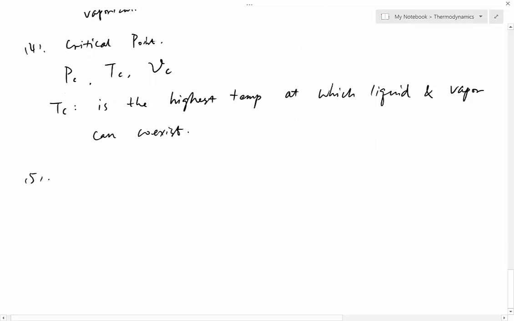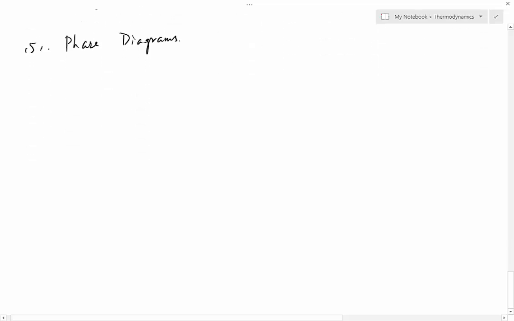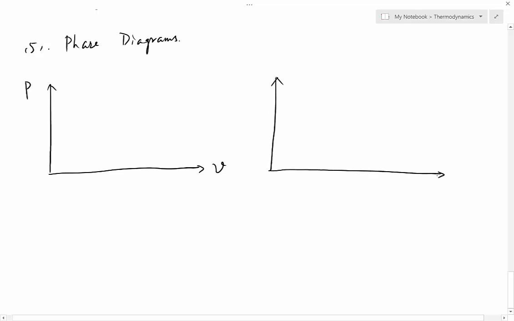Okay, and then the next one, phase diagrams. The two diagrams which we introduced today are still the P versus nu diagram, the first one, and the second one is the T versus nu diagram.